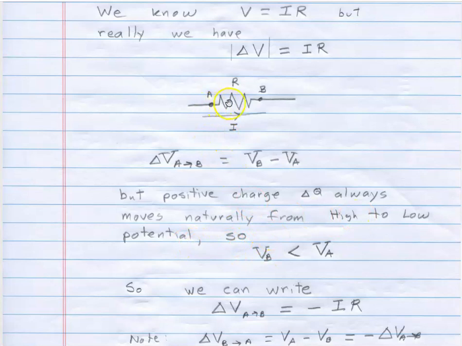So if the current's flowing in this direction, the potential at B is less than the potential at A. It flows from high potential at A to a lower potential at B, and so V_B has to be less than V_A.